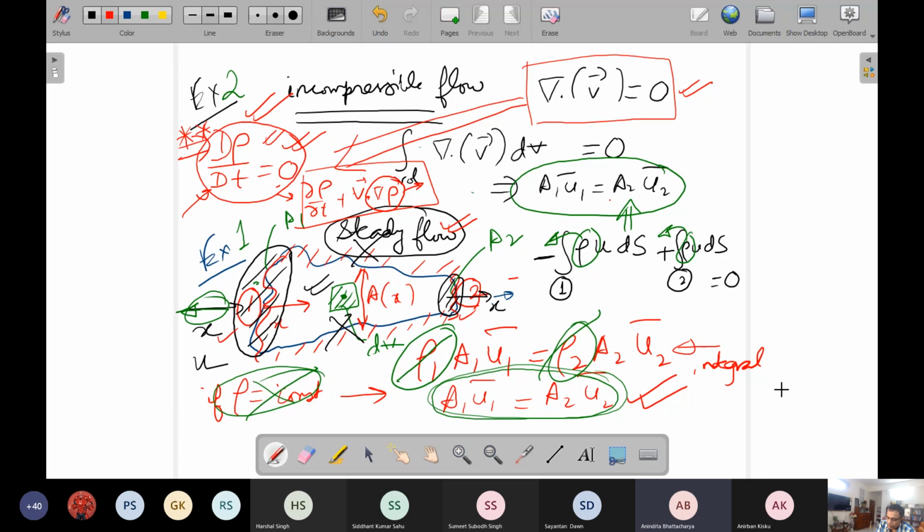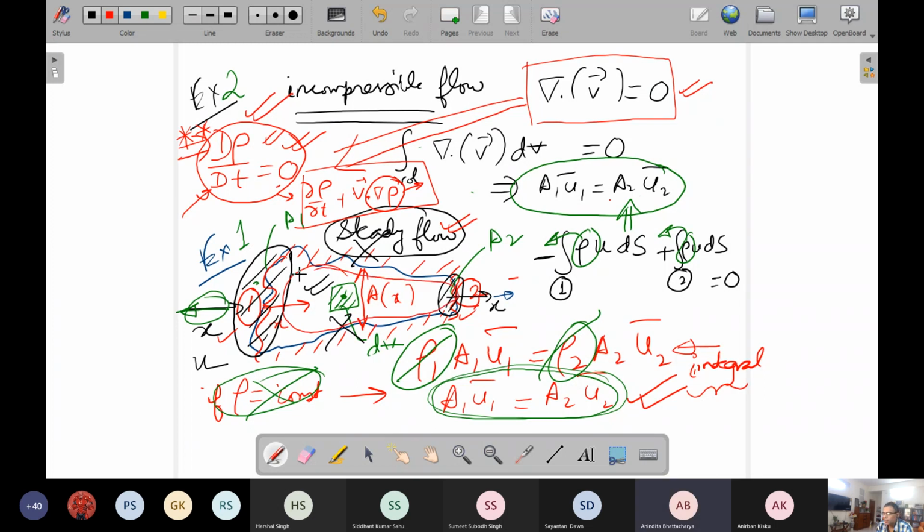So the difference between differential and integral approach, see, how do you arrive at the integral approach? You arrive at the integral approach by integrating the differential equation over the entire volume, but making the result applicable only across those spaces where there is fluid flow, and that is obvious because at all other places you have velocity terms equal to 0 where there is no fluid flow. Therefore, when the differential equation is integrated, the integral equation looks to be less restrictive because it doesn't care about what has happened inside.